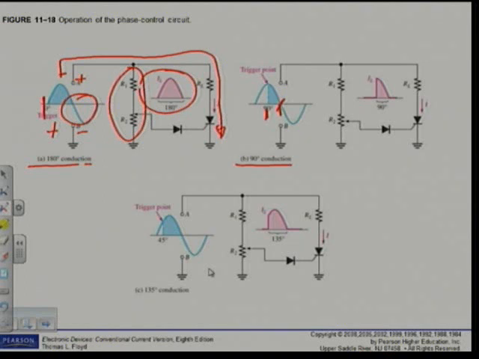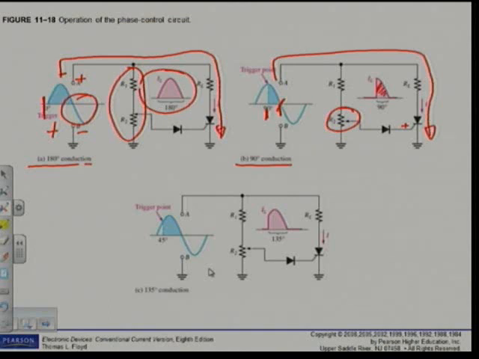Now I adjust my variable resistance to around that position. When the voltage reaches high enough positive on the gate of the SCR, the SCR will trigger and we will have conduction like that through the SCR. We will only have conduction for that 90 degrees.